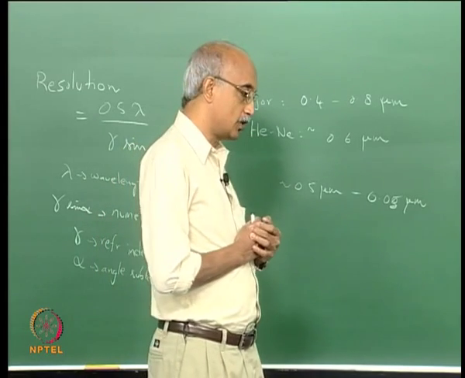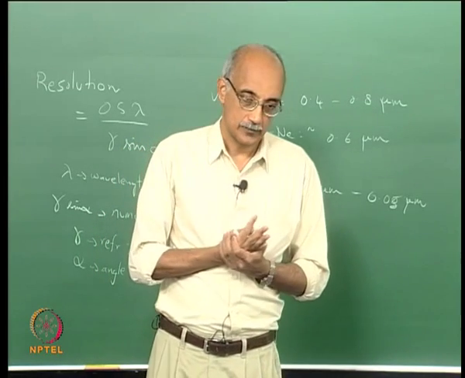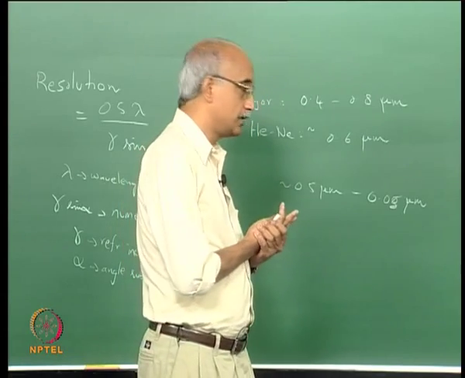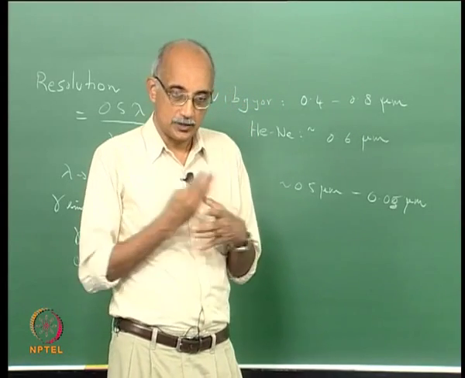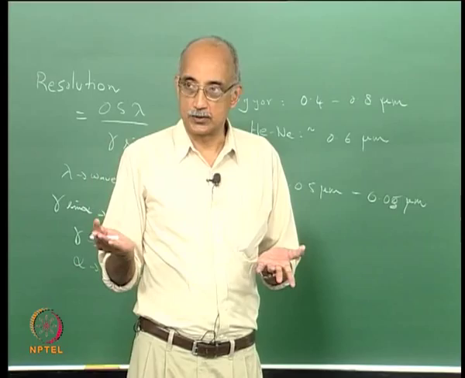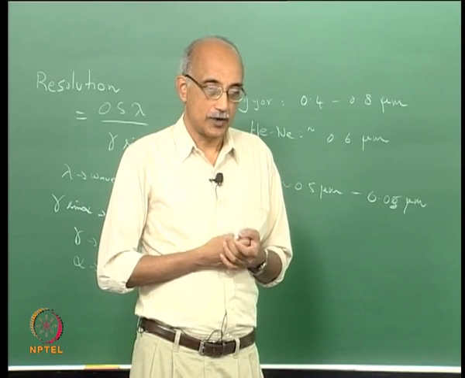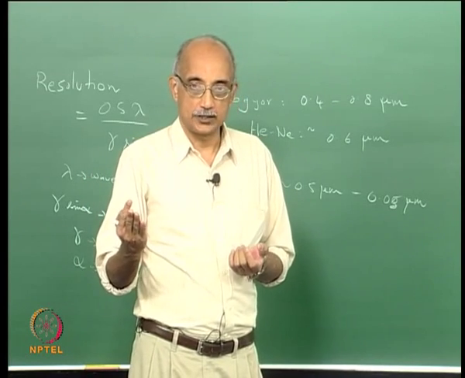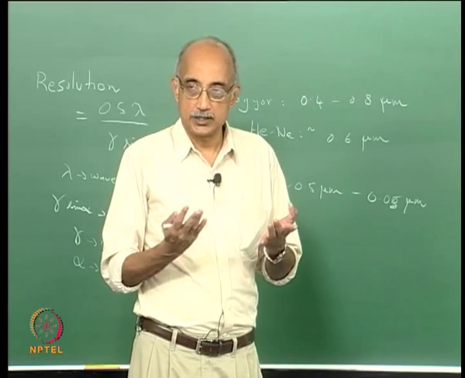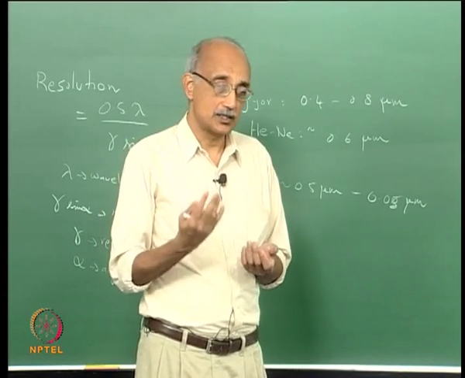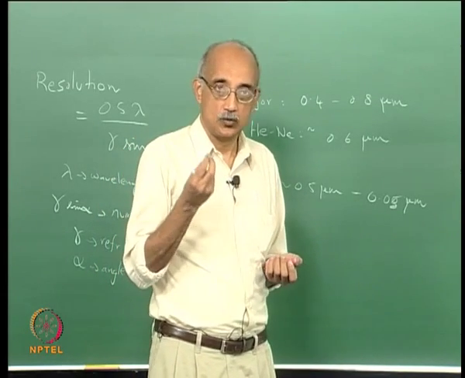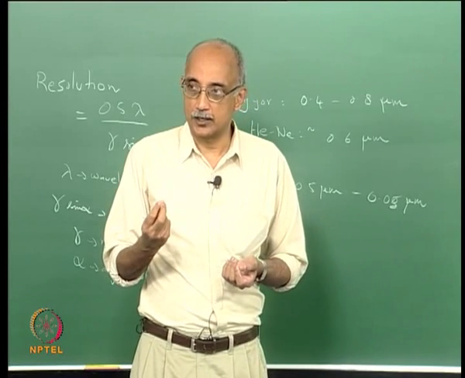Now, when we talk about particles in suspensions and their ability to scatter light, there are some practical examples of how this affects you. For example, the fact that you have low visibility when there is fog. What is the reason for that? The reason is that fog is essentially water droplets that are suspended in air.